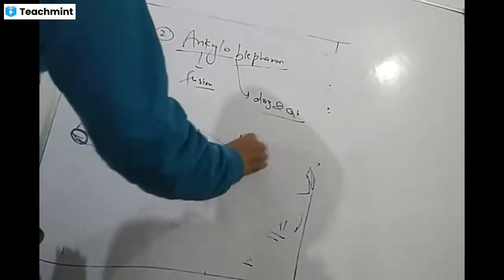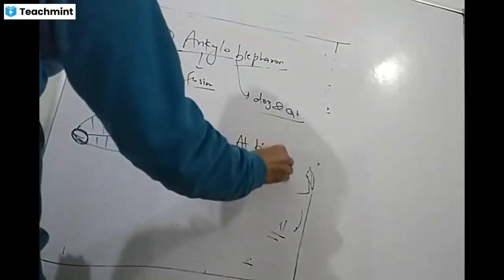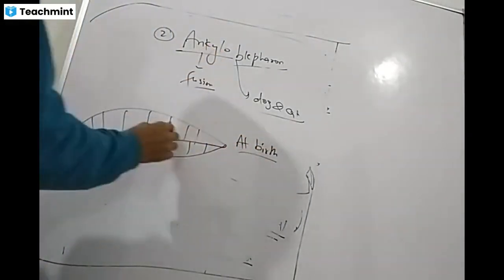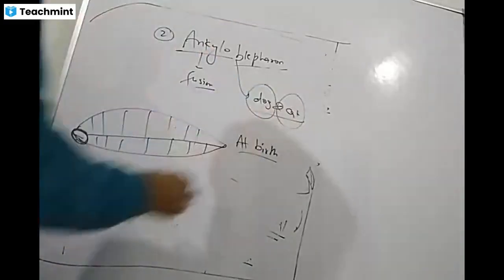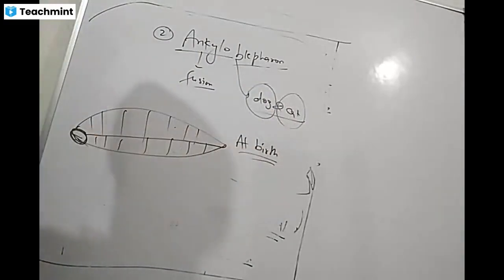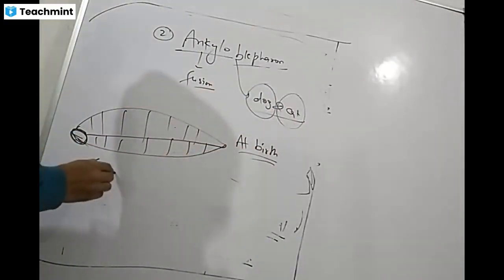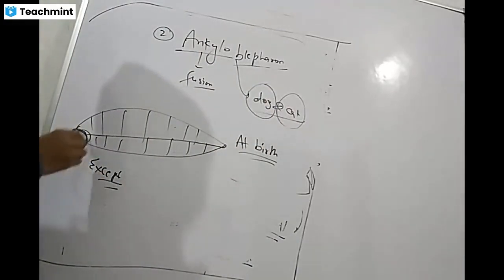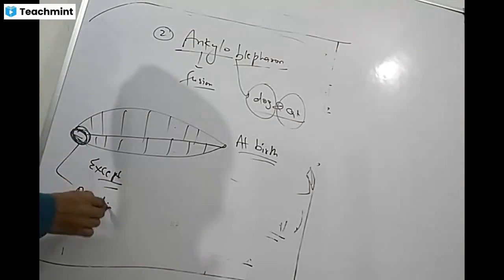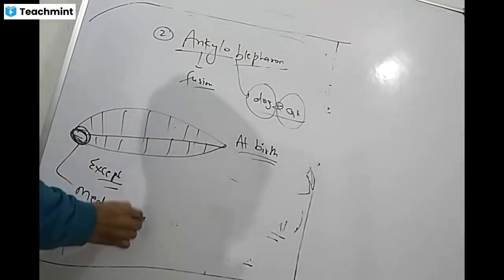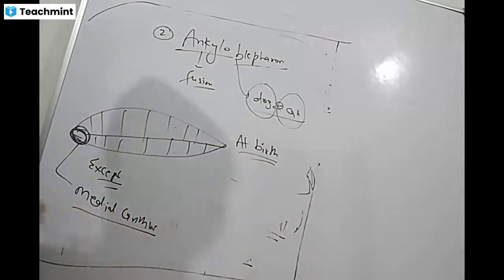So at birth, there is fusion of the upper and lower eyelid. In case of puppies and kittens, at birth they are fused, except at the medial canthus. This is the medial canthus.